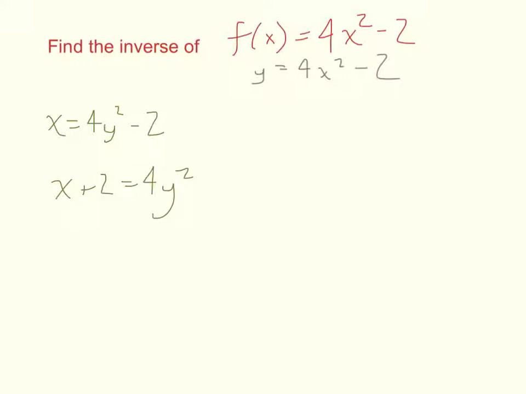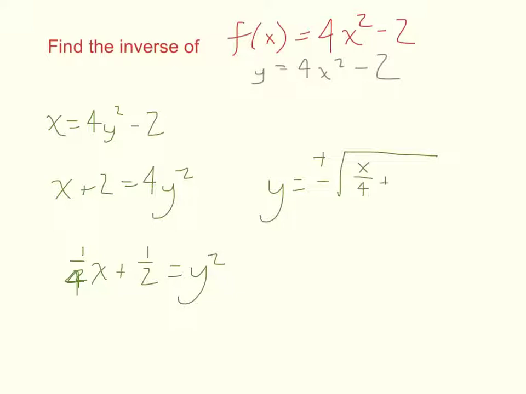Divide by 4, so we get 1/4 x plus 1/2 equals y squared, and then take the square root, so y equals, now don't forget this part, plus or minus the square root of x over 4 plus 1/2.